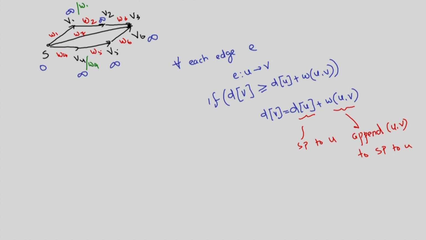However, in a subsequent iteration you will also update the shortest path for V2, which is W1 plus W2, and that for V5, which is W4 plus W5. So you will have to iterate over all the edges a number of times that equals the maximum number of hops to a node from S.